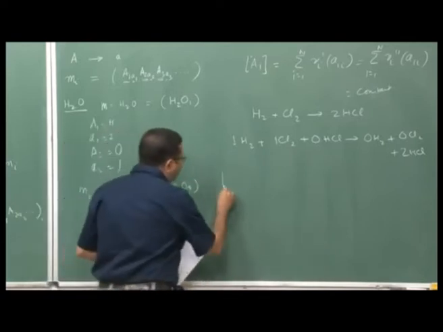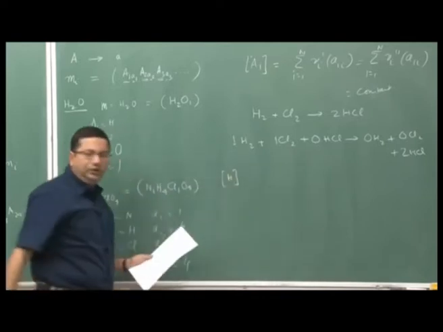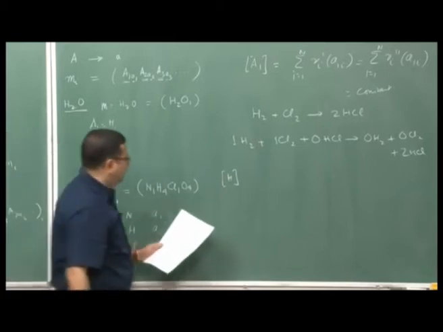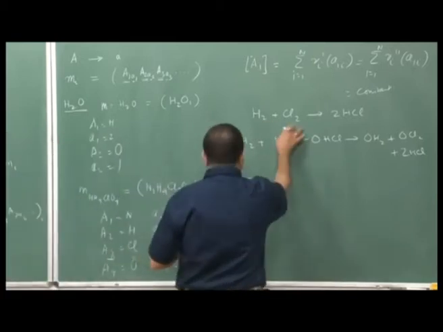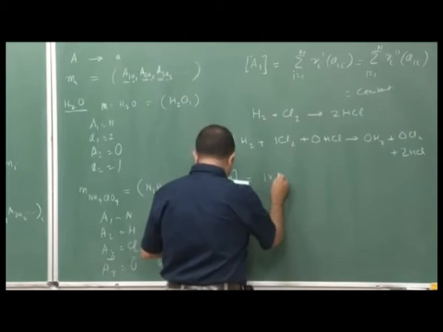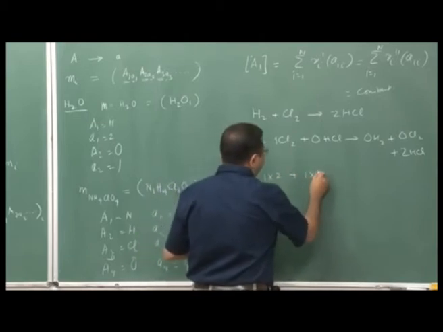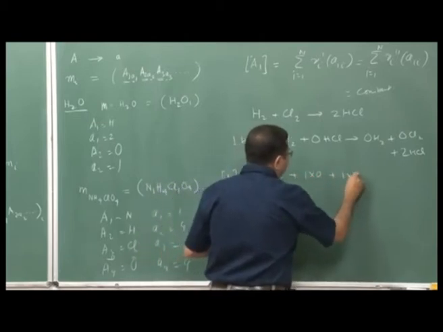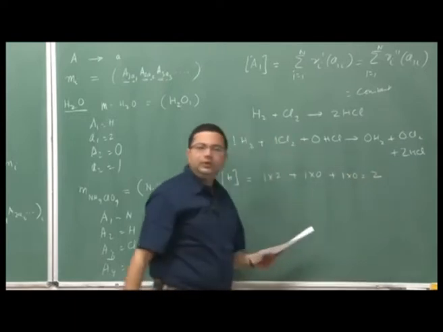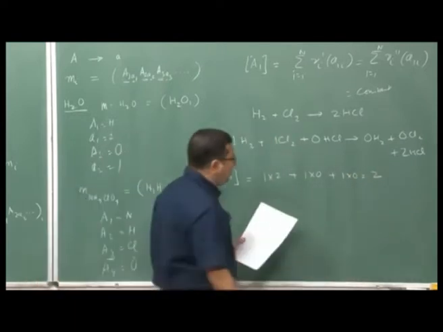So, if I look at the atomic species H, hydrogen, okay. So, in the left hand side of this I have 1 into 2 plus 1 into 0 plus 1 into 0, that is 2 moles of hydrogen, okay.